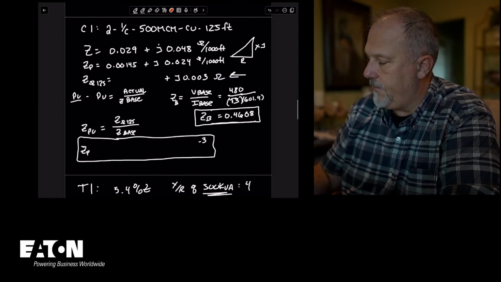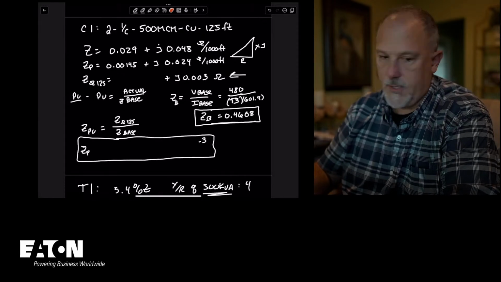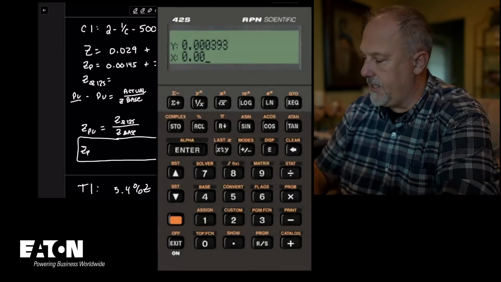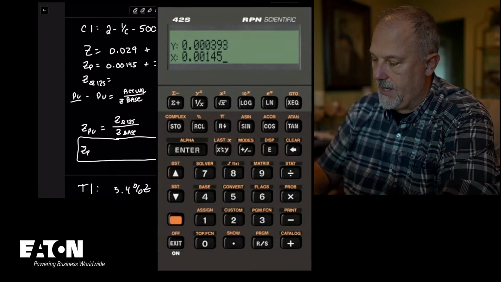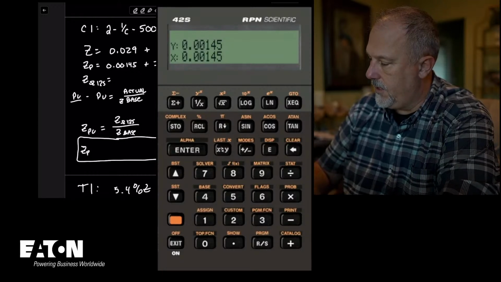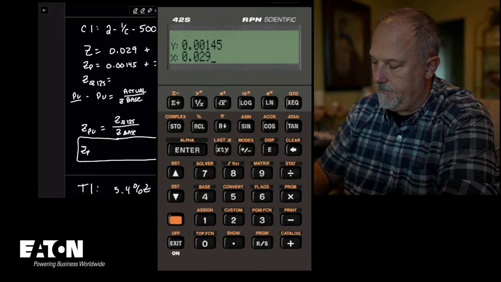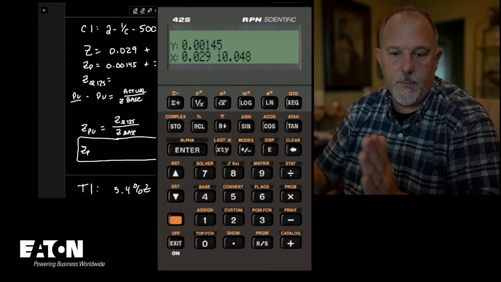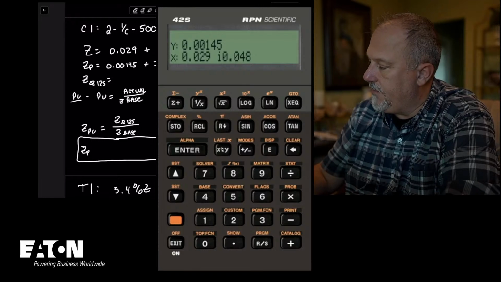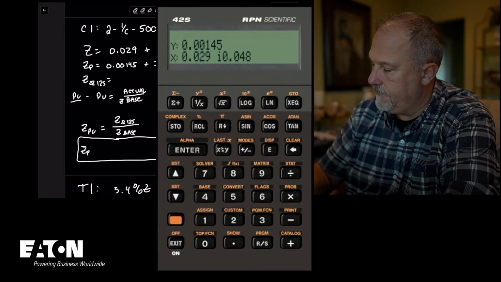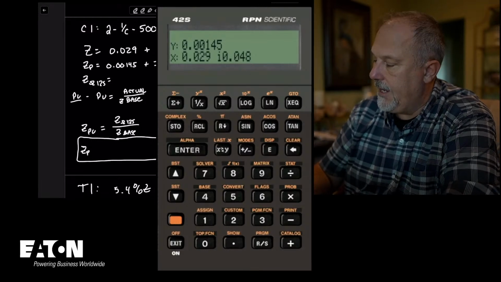I'm going to do my calculation again. 0.00145. Actually, I'm going to go back to the beginning, 0.029, 0.048 complex. So that's my number. Then I have to make this 125 feet. And I have 2 conductors.